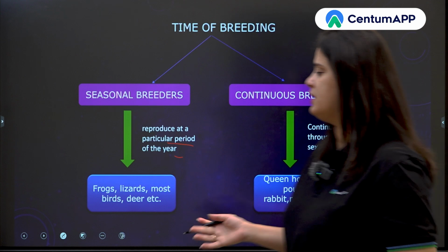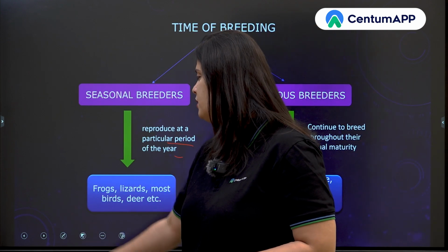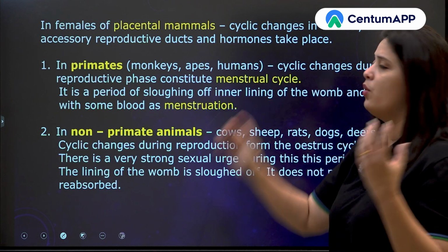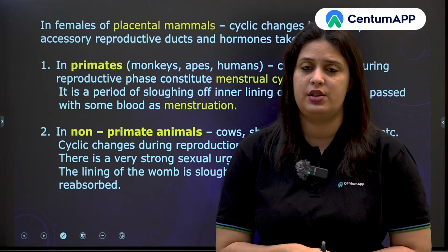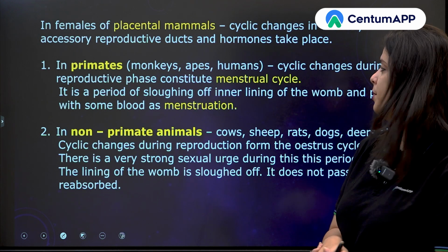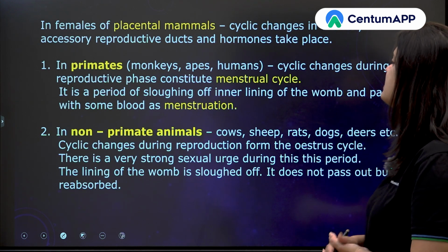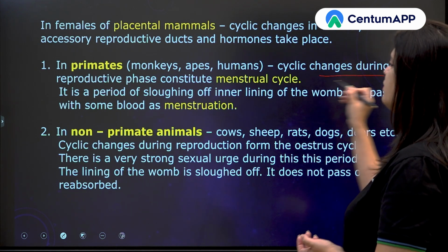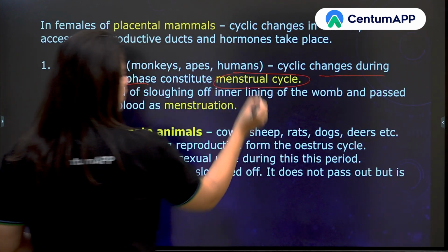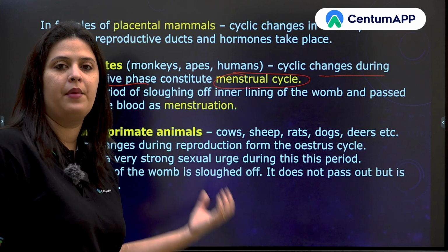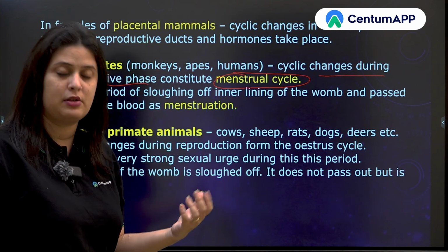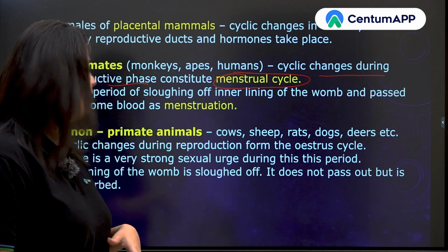Placental mammals are completely different, where you have different types of cyclic changes happening. In primates, when you talk about monkeys, apes and humans, cyclic changes during the reproductive phase constitute the menstrual cycle. So in monkeys, apes and humans, there is something known as the menstrual cycle, which we will learn in detail later.